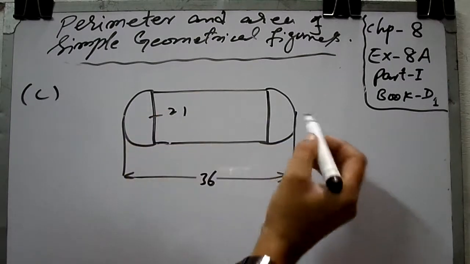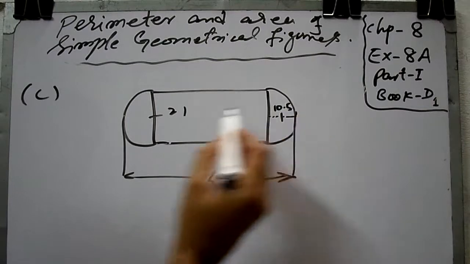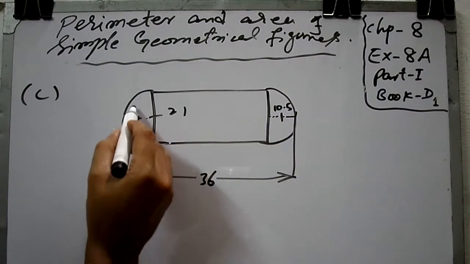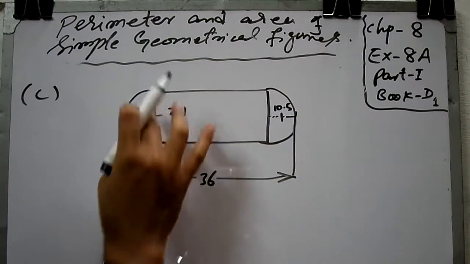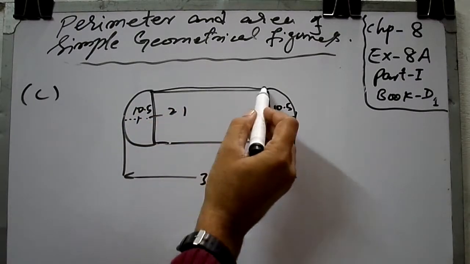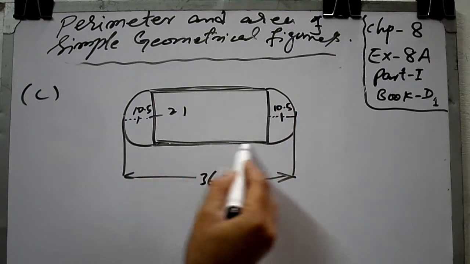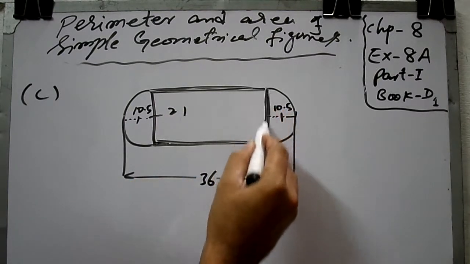And what is its length? This one is 10.5, this one will also be 10.5. So this is your semicircle. So you can see here, this one is like a rectangle, this one is your rectangle.